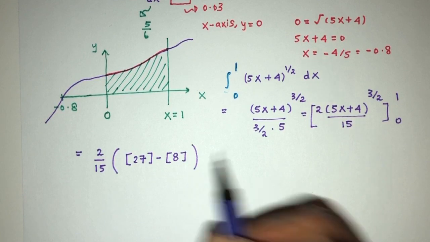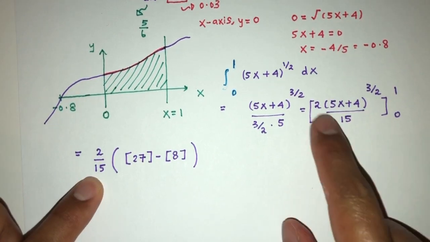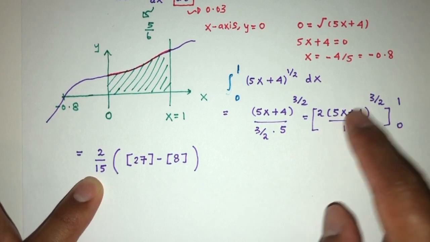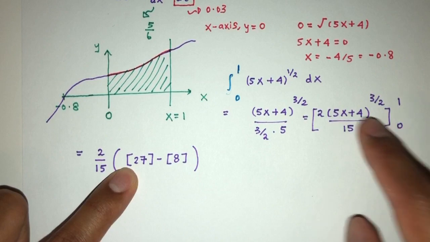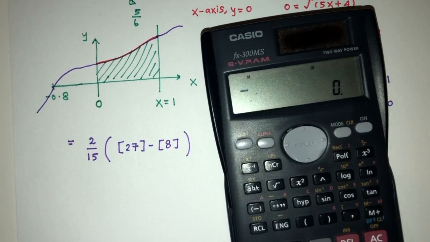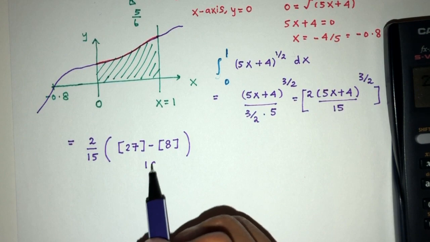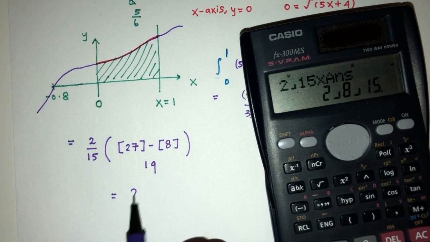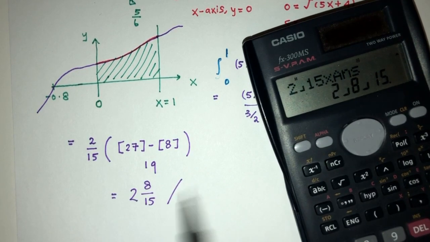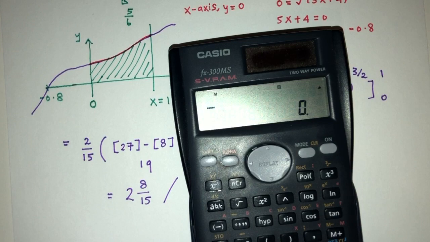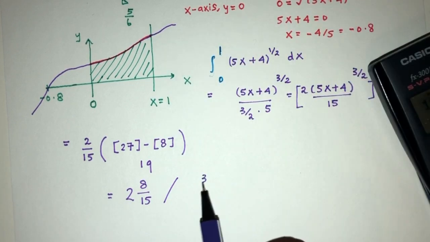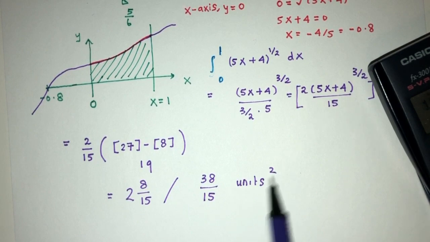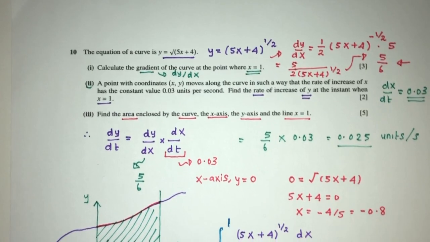So we took out 2 over 15 outside, and inside we have 27 minus 8, that should be 19. The answer will be 2 over 15 times 19, 2 times 19 is 38, so that is 38 over 15. And the area will be in units square for this question.